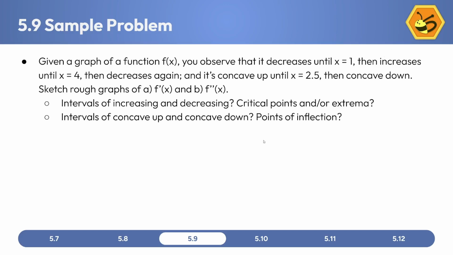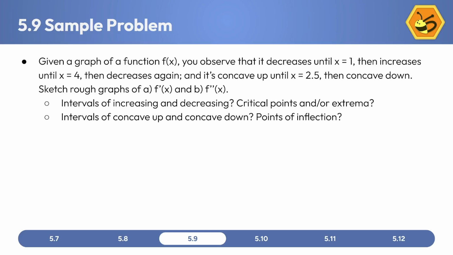Okay, so here's a sample problem. We have a function f of x, and we observe some things about this function. We know that it decreases until x equals 1, then increases until x equals 4, then decreases again. On concavity, we know that it's concave up until x equals 2.5, then concave down.